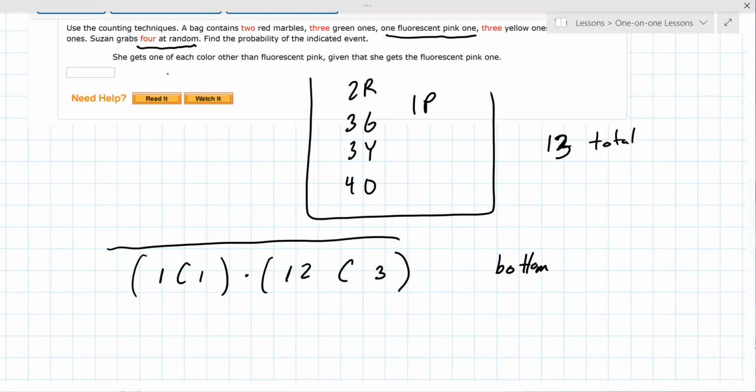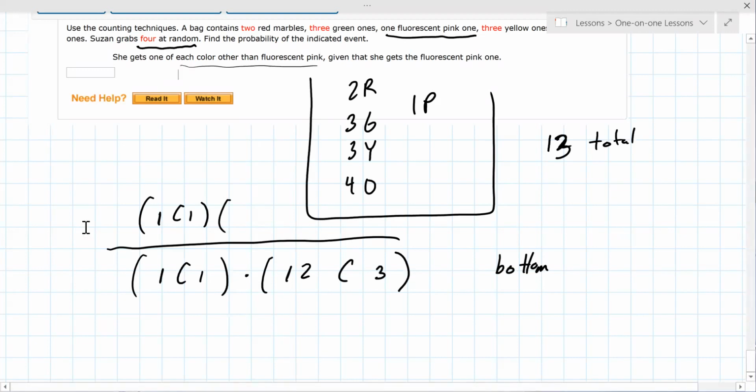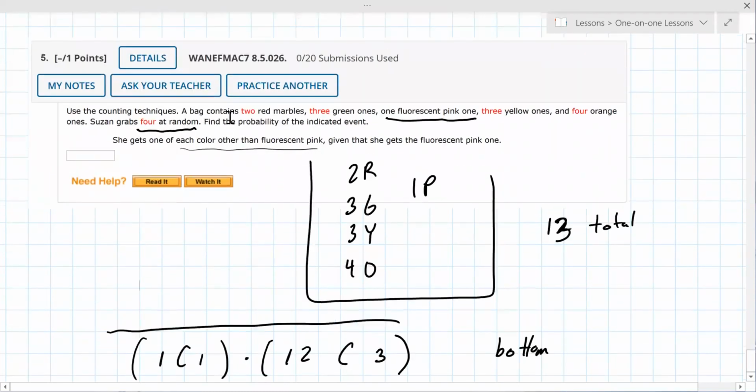So we know she chooses a pink, 1 choose 1. But she's choosing 4. Oh, one of each color other than pink. This is weird. Given that she gets the fluorescent pink one, but she's only choosing 4. 1, 2, 3, 4.